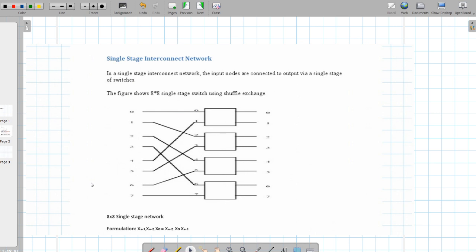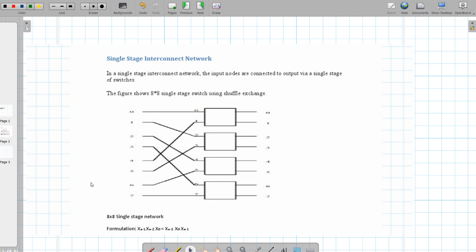It is basically the number of layers of switches which are there in between the interconnected processors. You can see that there is only a single layer of switches here, so this is a single stage interconnection network.